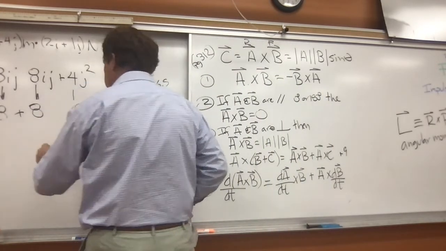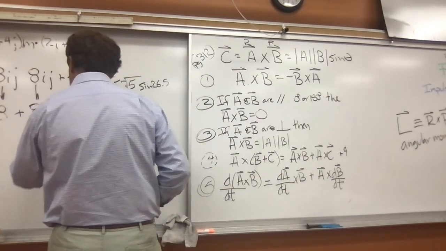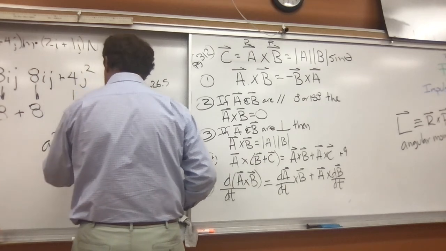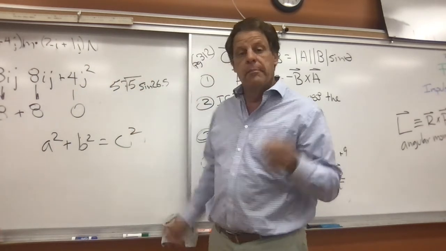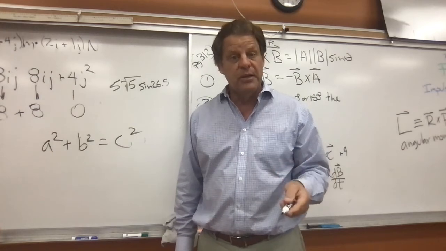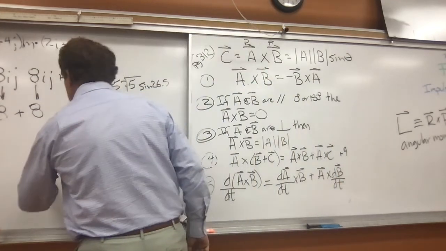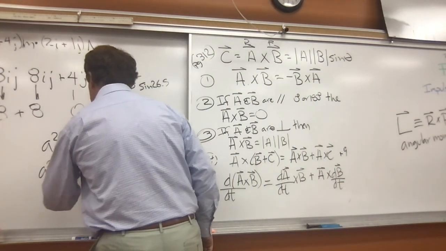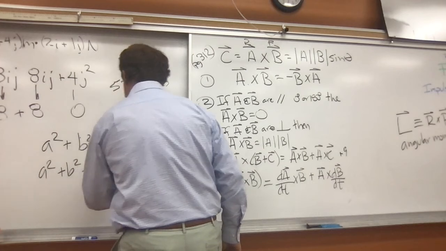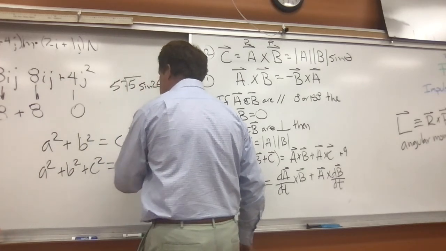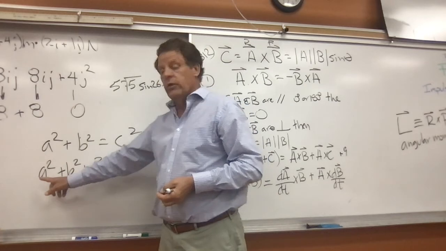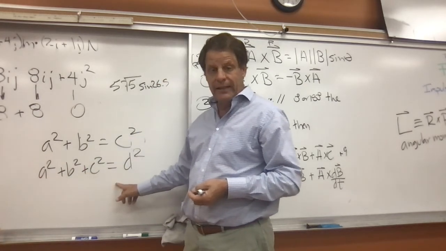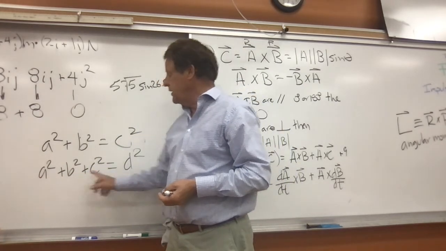So remember that a squared plus b squared is equal to c squared, right? But the Pythagorean theorem works in 3 dimensions as well. So a squared plus b squared plus c squared would equal d squared. This would be like x and y, or i and j, and this would be like x, y, and z, or i, j, and k.